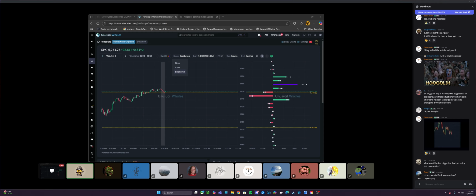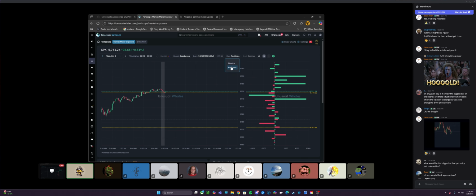Largely, again, you can look at the gamma positioning and you can look at the individual market maker positioning and try to get an idea of where market makers are positioned and what that expectation will do for price. So a lot of this on Periscope isn't necessarily spelled out for you. It's understanding what the Greeks and what the positioning means, and then making inferences based on that data.